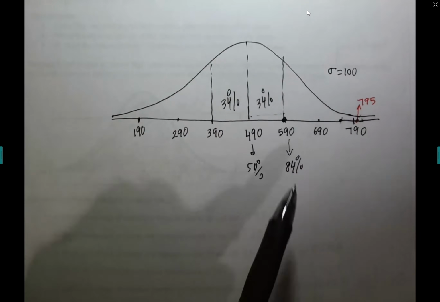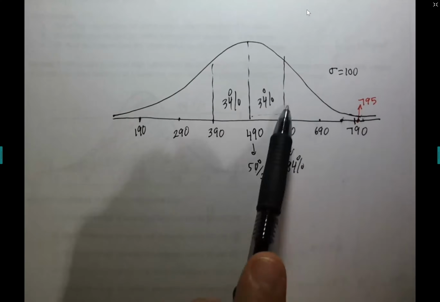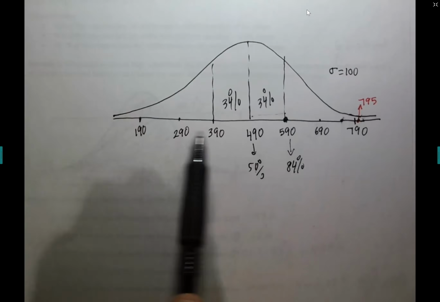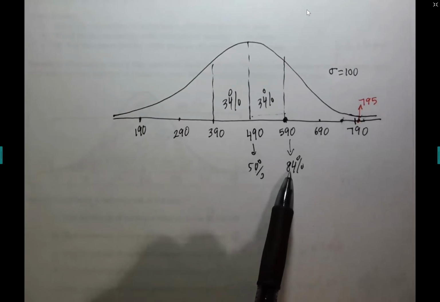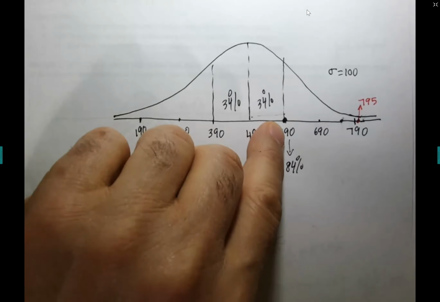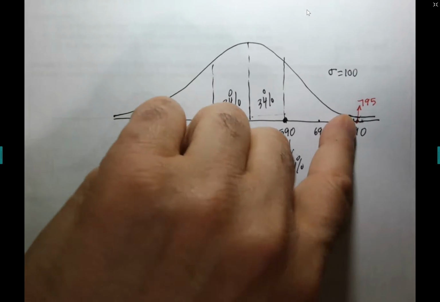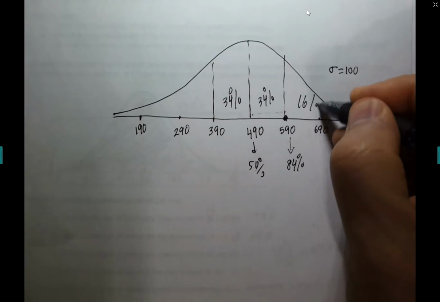And if this is 84%, what's left for this area to get to 100% as we go from left to right this way? How much of a percentage are we away from 100%? 16%. So these students, guys, who score 590 and higher are the top 16% because this area is 16% right here.